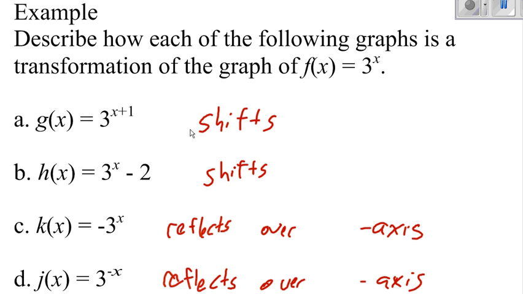So here's some quick examples. If you start with 3 to the x, they have the basic shape of 2 to the x like we looked at earlier. Adding a 1 to the x will actually shift it left 1 unit. Subtracting 2 at the back would shift it down 2.